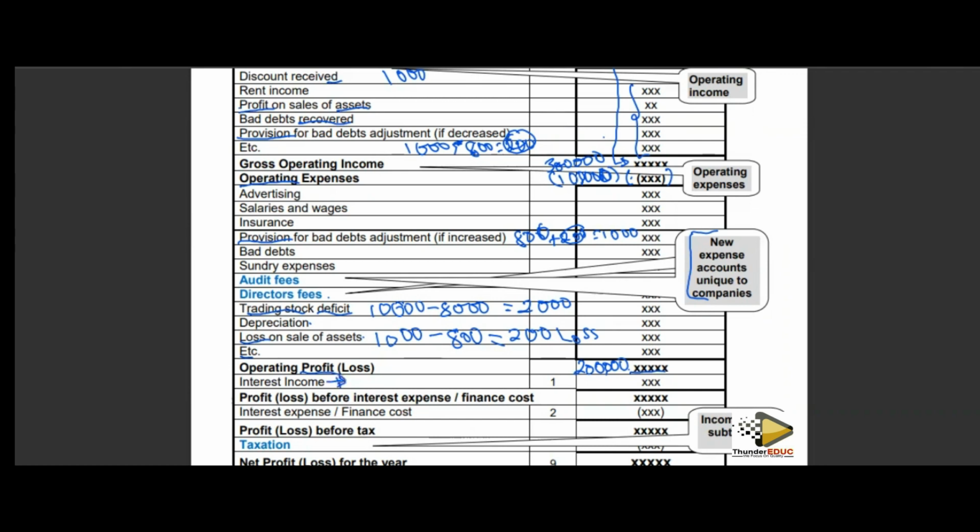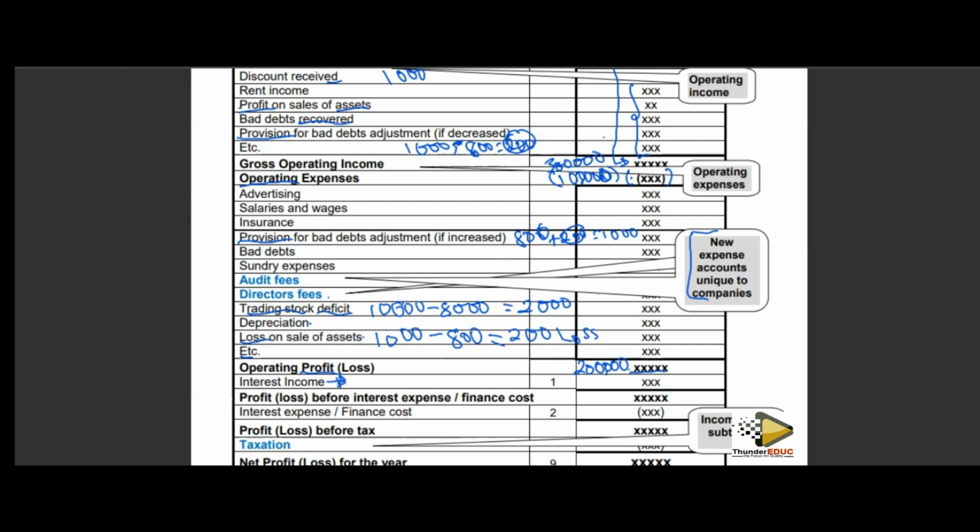If we have an investment in the bank, like a fixed deposit, the bank will always give us interest income, because they are using our money.